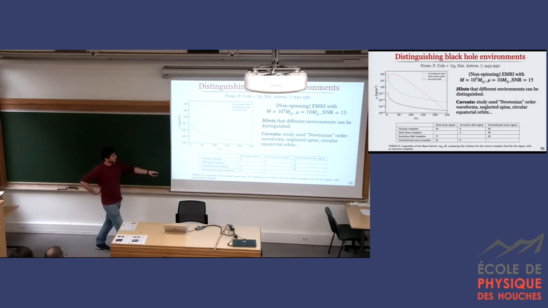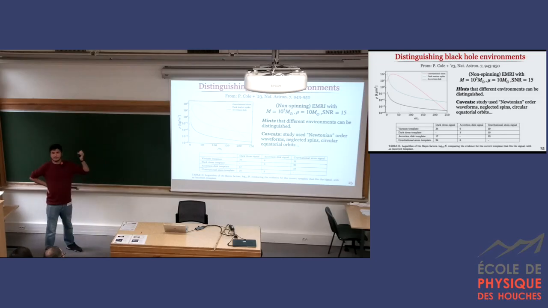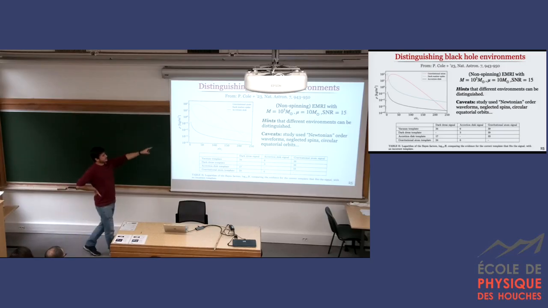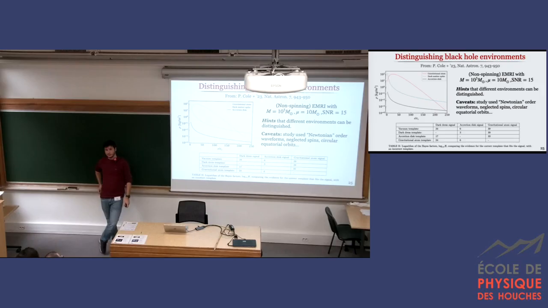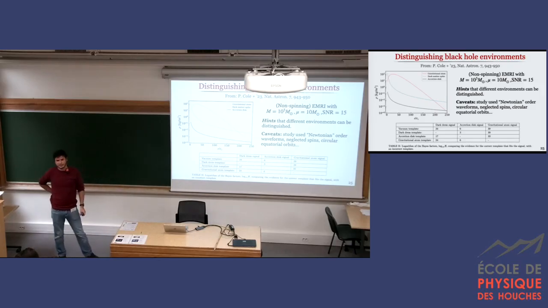The fact that you see 34 here means that if you have a dark matter spike in your signal and you recover with a waveform that includes the dark matter spike effect, it will be a much better template than the vacuum template, because you get a Bayes factor, and notice that this is log 10 of the Bayes factor, so a Bayes factor of 10 to the 34. These are extremely large numbers, actually.